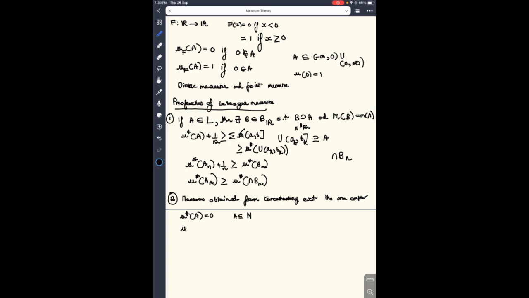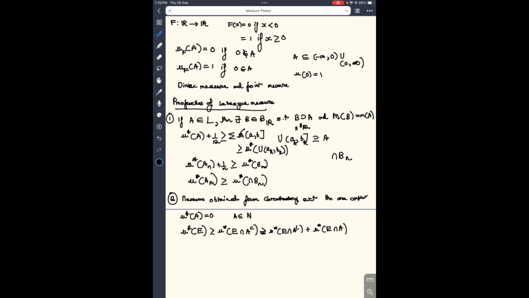And if mu star of A is 0, then by monotonicity, for any E, mu star of E is greater than or equal to mu star of E intersection A complement, and this is actually equal to mu star of E intersection A complement plus mu star of E intersection A, because that is 0.